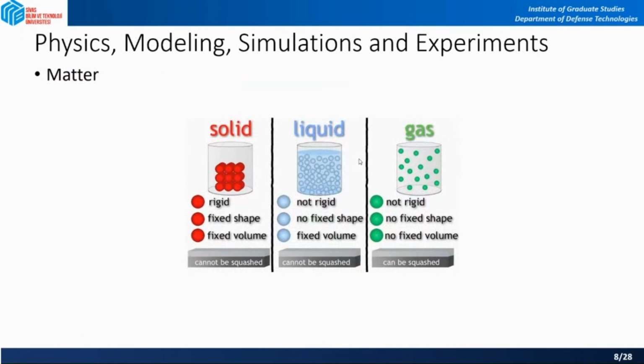Okay, let's start from very, very basic. When we talk about matter in general, it could be in three phases.